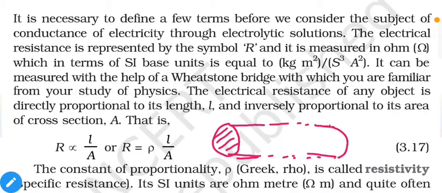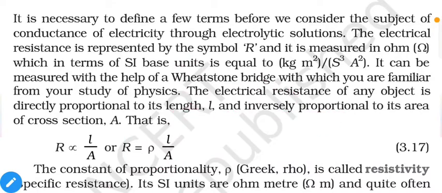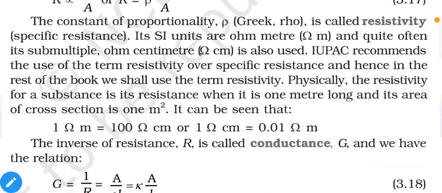When we cut the wire, the surface open to us is called the area of cross section, and the distance from this point to this point is called L. As the area of cross section increases, the resistance decreases, but as the length increases, the resistance increases. To remove the proportionality symbol, we can rewrite the equation as follows: R is equal to rho into L upon A. Here rho is a proportionality constant, called resistivity or specific resistance.